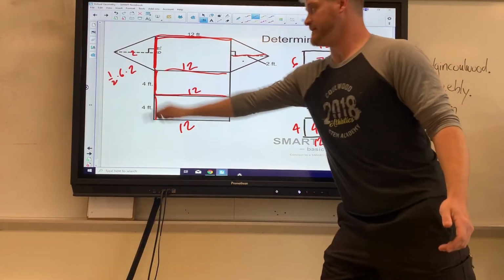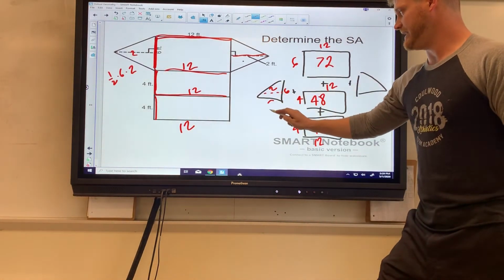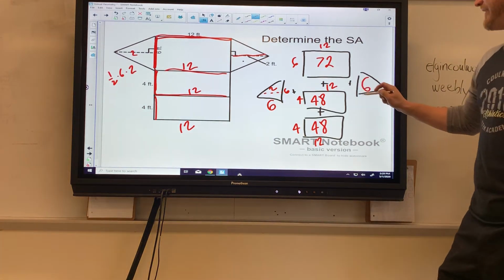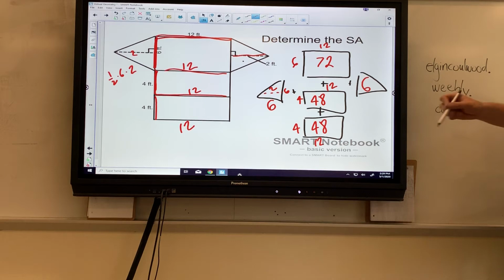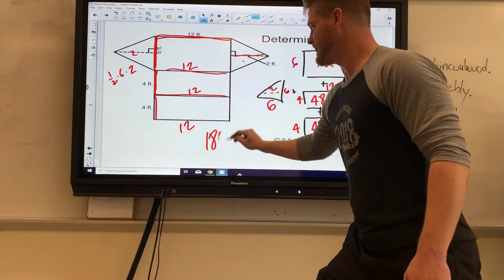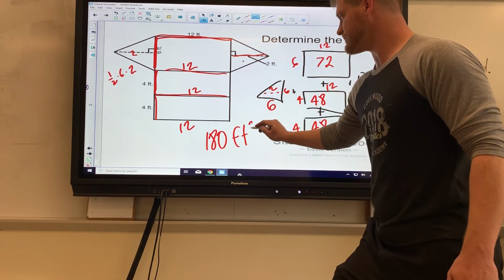If it's 1/2 times 6 times 2, each triangle is 6. So we have the area of each figure now. The last objective is to add them all together and find the sum of each side's area. It's 72 plus 48 plus 48 plus 6 plus 6, and we should get 180 square feet, or feet squared.